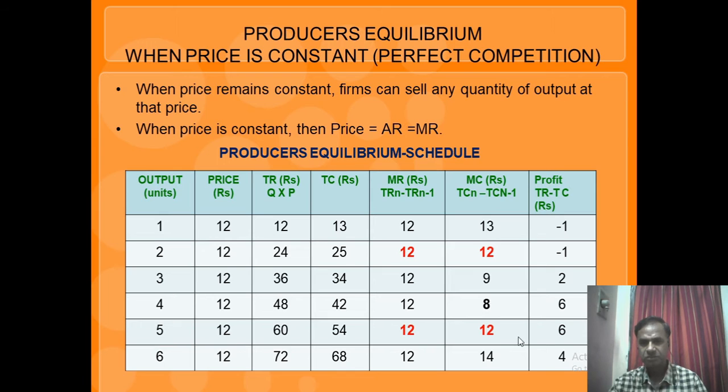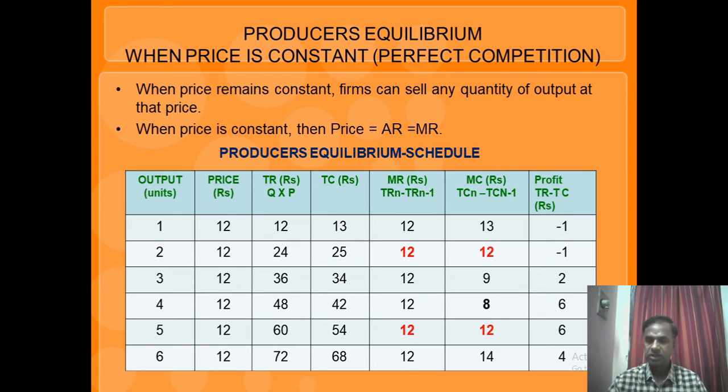Second condition, MC is greater than MR after equilibrium, that is MC is 14, MR is 12. And the third one is profit also maximum. So that's why the producer will be in equilibrium at 5 units of output. When the producer produces 5 units of output, the producer will get maximum profit or he will be in equilibrium.